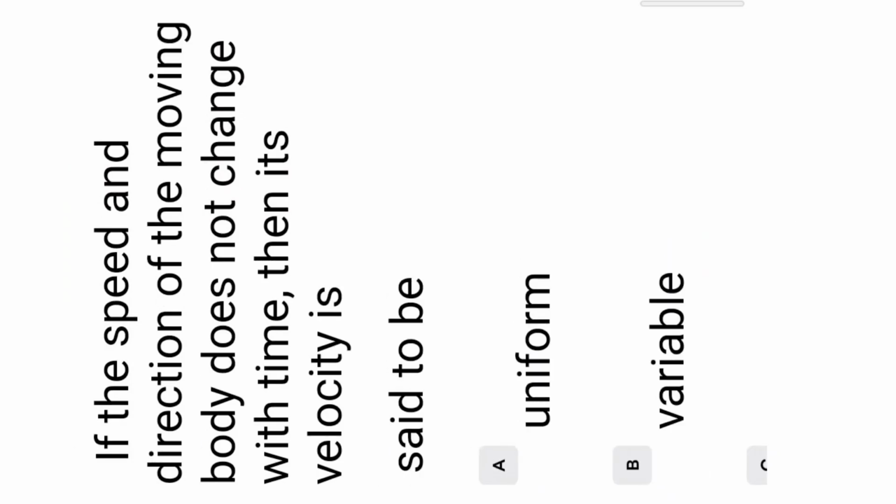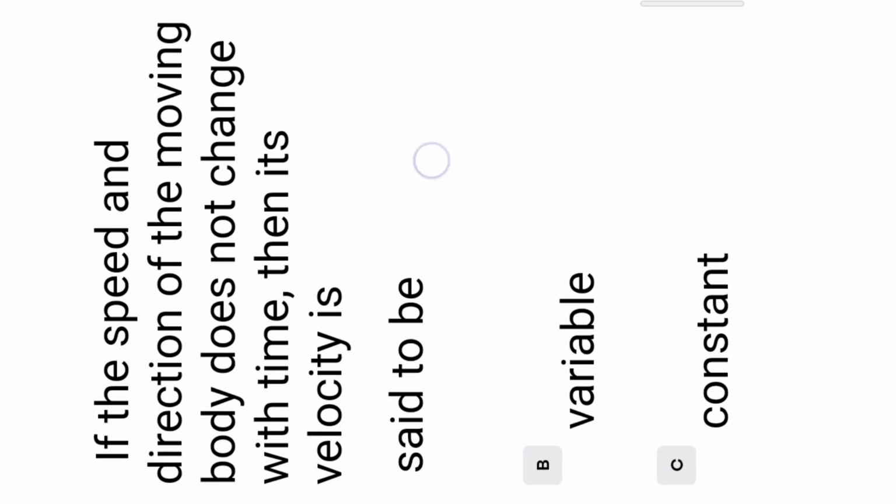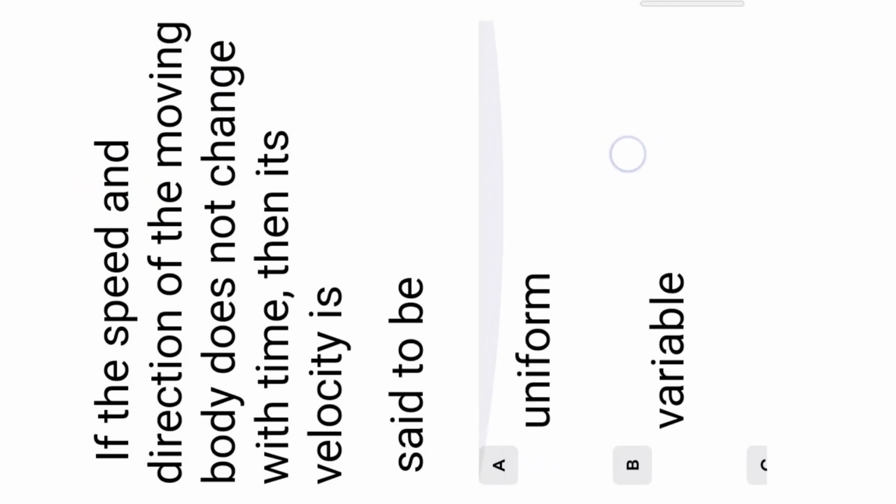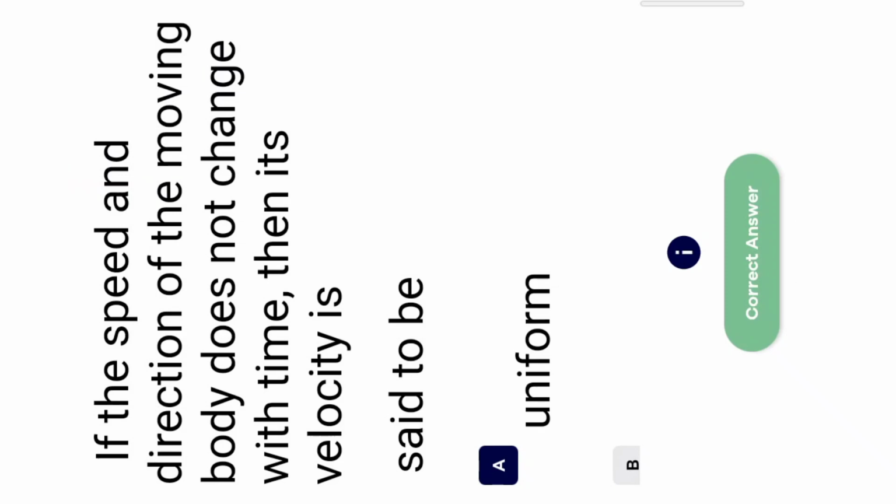If the speed and direction of the motion of the moving body does not change with time, then its velocity is said to be A uniform, B variable, C constant, D all of these. Its velocity will be uniform. So we take A. The area under the speed time graph gives A speed, B volume, C acceleration, D distance.